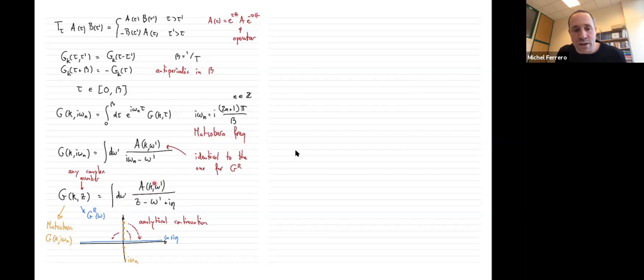And once you know the spectral function, you use that formula here to get the Matsubara-Green function. Going the opposite way, starting from the Matsubara and getting the G of R, the retarded, or the spectral function, is very difficult in practice, because it's a mathematically ill-defined process. And it's a pity, because many algorithms give us a Matsubara-Green function, and we would like to have the spectral function to connect to experiments. But analytical continuation is a very difficult thing to do, unfortunately, even though there are tricks to do it.